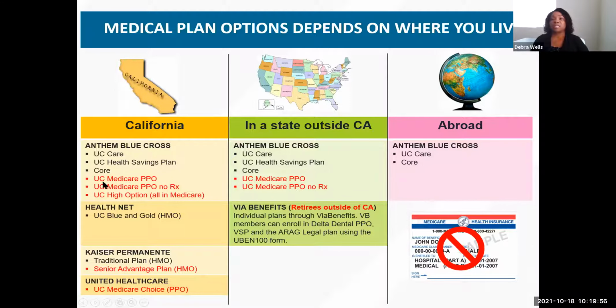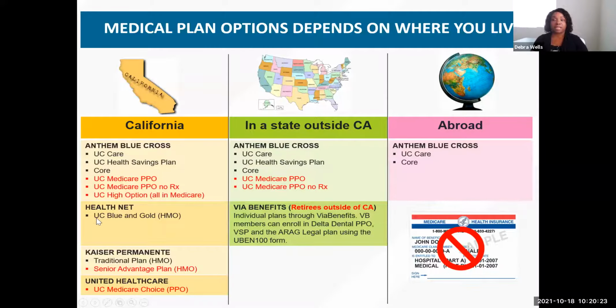The plans listed in red ink are your Medicare plans. If you have a split family, meaning some of you are eligible for Medicare and other family members are not, then you will have a family member stay in UC Care while the Medicare family member is in UC Medicare PPO. So you have these plans that are administered by Anthem Blue Cross.